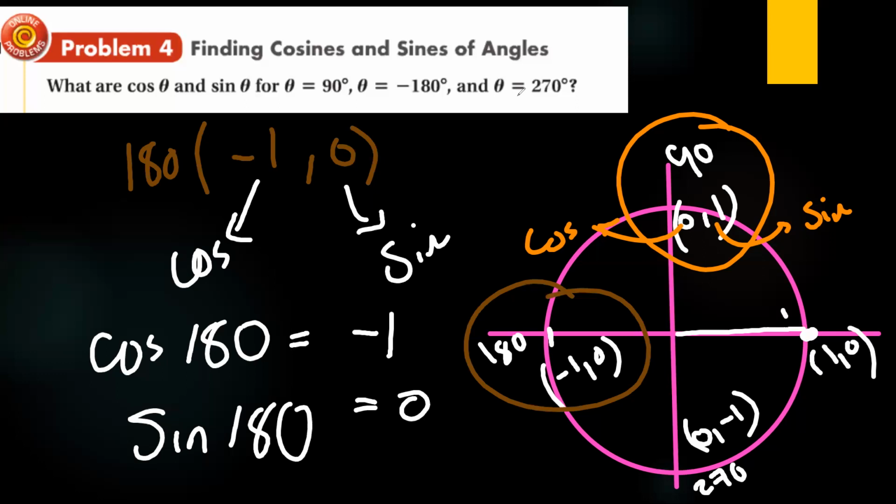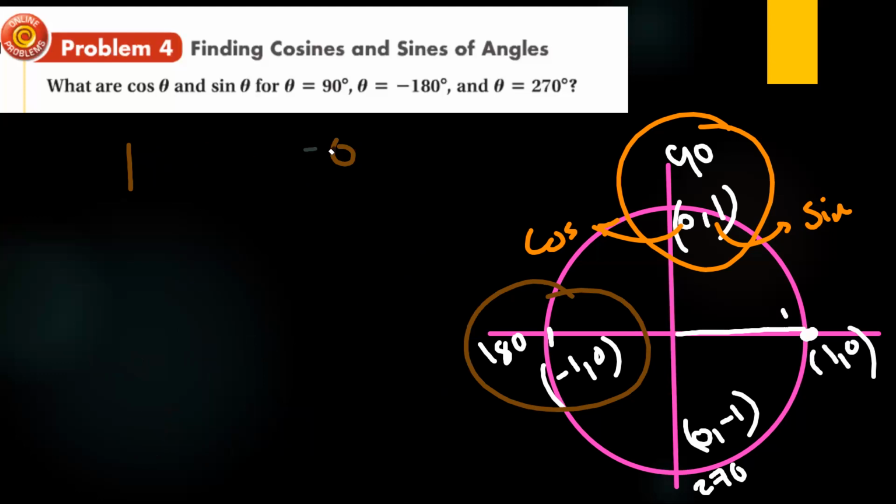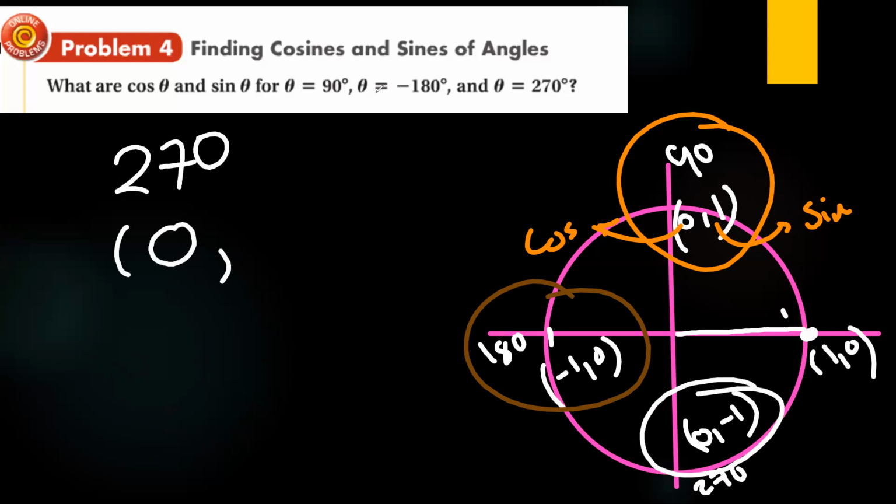Yes, teacher. Now, let's do the last one before ending our class. 270 now. Angle 270. What are the coordinates here? It is 0, negative 1.